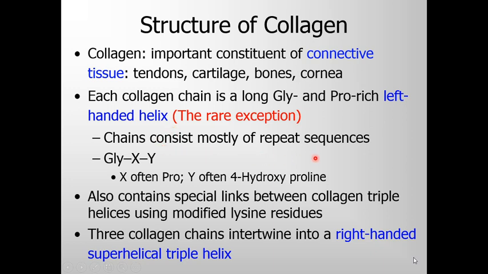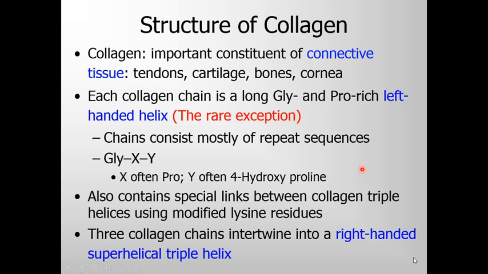Chains consist mostly of a repeat sequence, Gly-X-Y. X is often proline and Y is often another amino acid called 4-hydroxyproline. If you remember chapter 3, I told you about post-translational modifications, right?